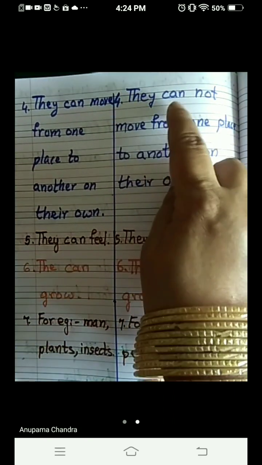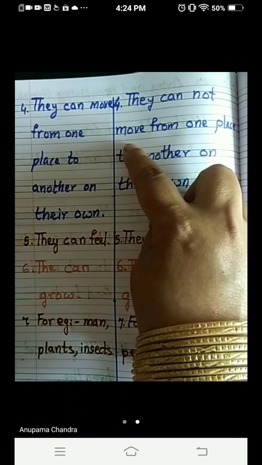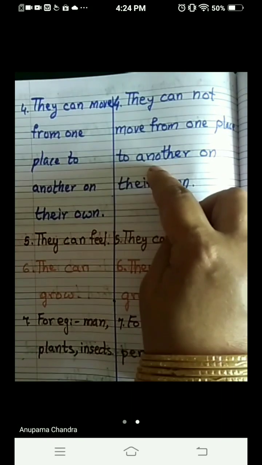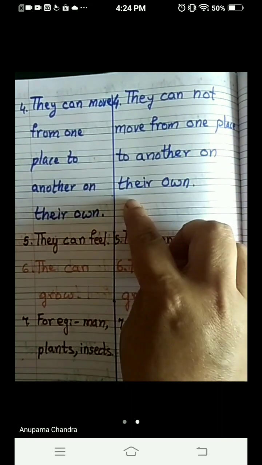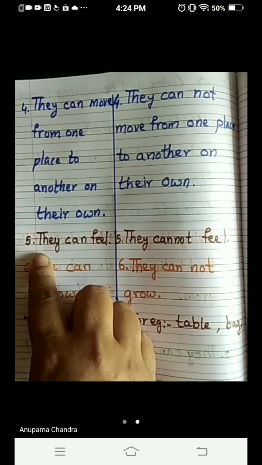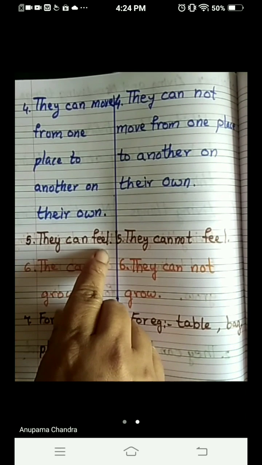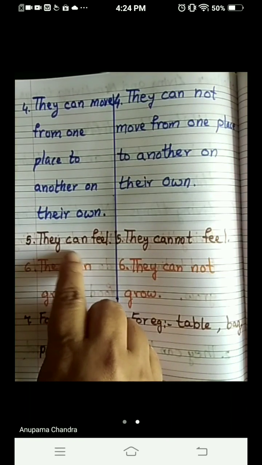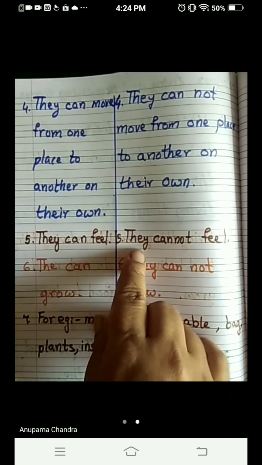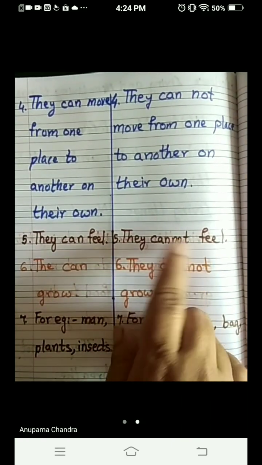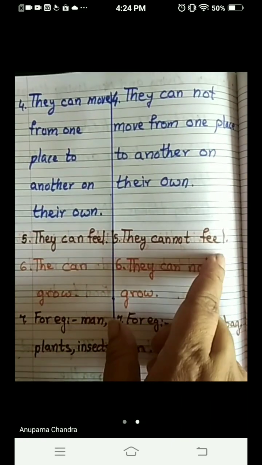Number 5, for living things, they can feel. Non-living things cannot feel.